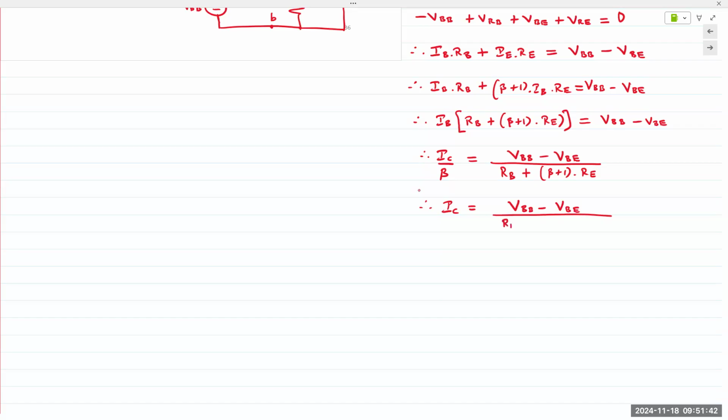This becomes RB over beta, and this becomes (beta plus 1) over beta times RE. Beta is typically larger than 100. It's a large value. In any case, it's going to be much larger than 1. So we can safely ignore that expression. Beta plus 1 over beta is almost unity. So we approximate, and that is gone.